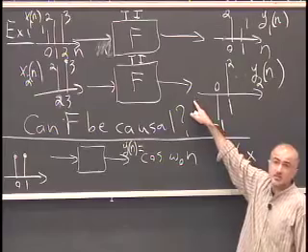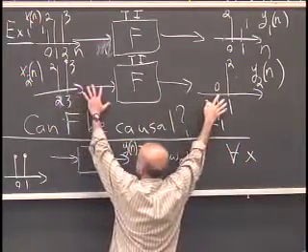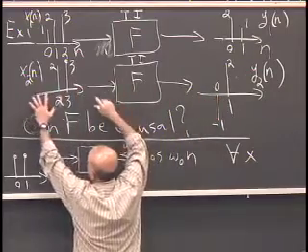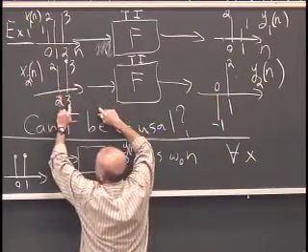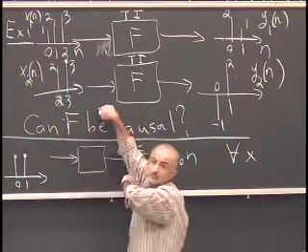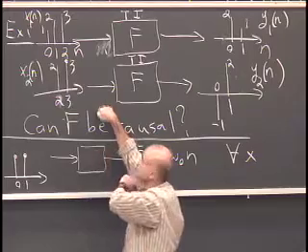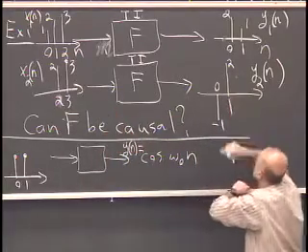So the best thing you can do here is say, okay, this system is time invariant, so I know what the response is when I shift the input. Shift this input from 2, 3 to go down to 1, 2. Shift it by one sample. What happens to the output?